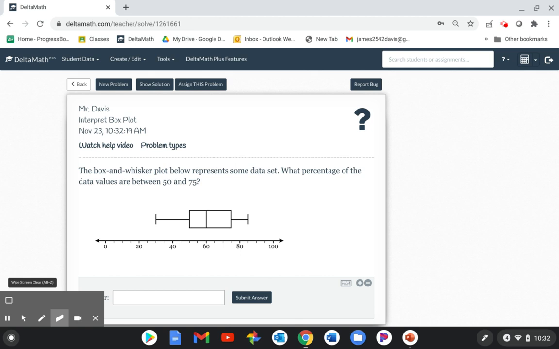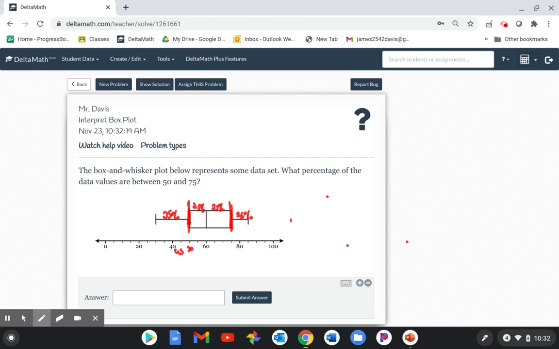What percent of the data values are between 50 and 75? So let's mark those two places, 50 and 75. This is going to be 45, 50. So 50 is here. 75 is going to be here. So what percent are between 50 and 75? Well, remember, there's 25% here, 25% here, 25% here, 25% here.